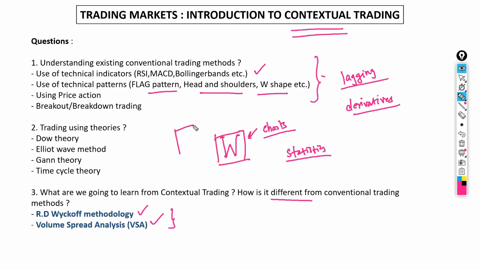So whether it be a flag pattern, the breakout of a flag, or head and shoulders, based on their experience, people have generated theories and concepts using patterns and trade them.